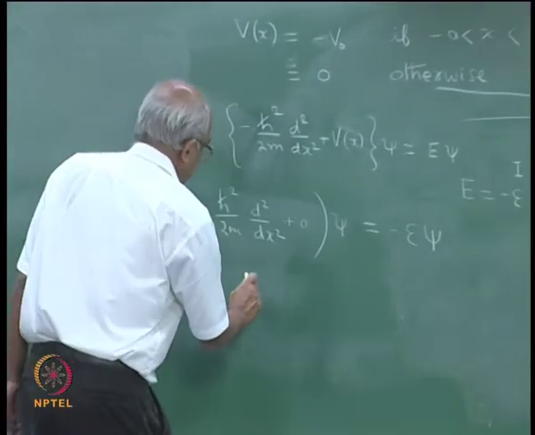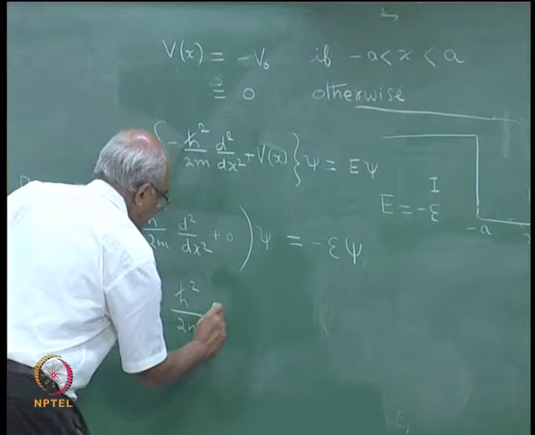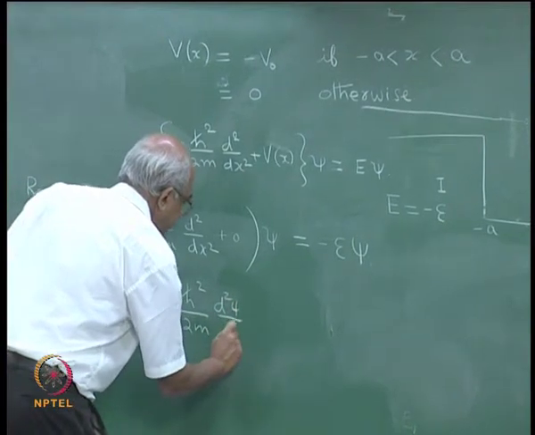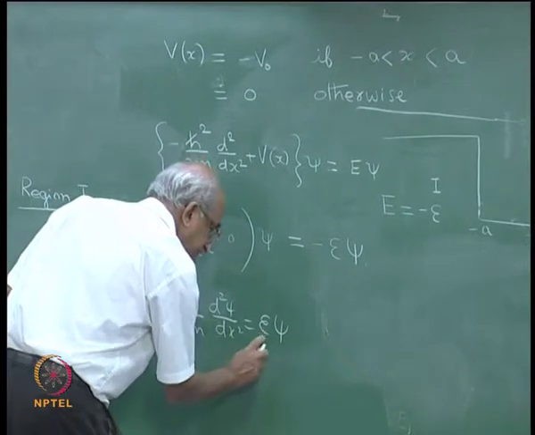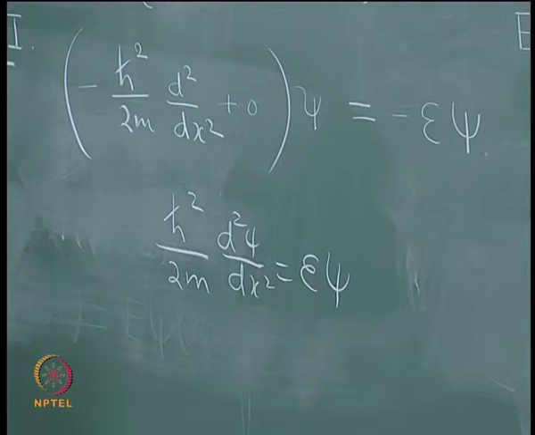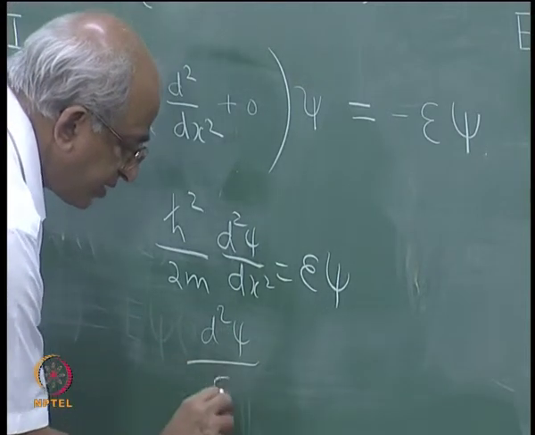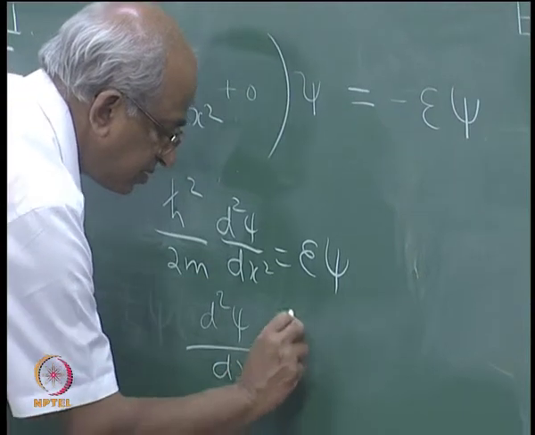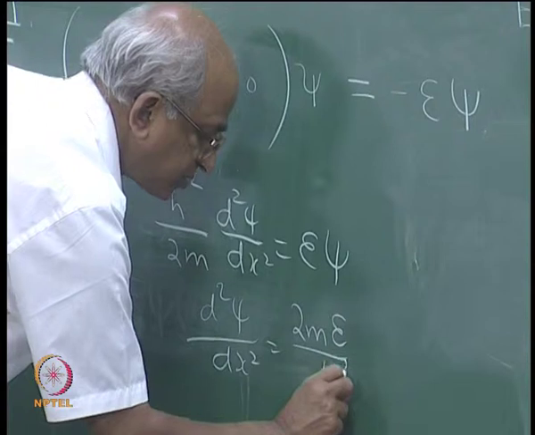And what this effectively means is minus h cross square by 2m d square psi by dx square is equal to minus epsilon psi, where epsilon, remember, is a positive number. Or you can rearrange this and write d square psi by dx square is equal to 2m epsilon divided by h cross square psi.